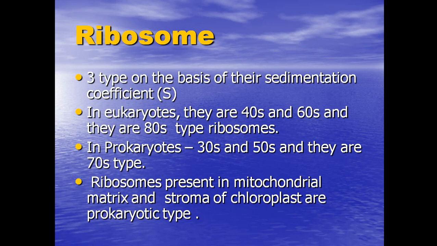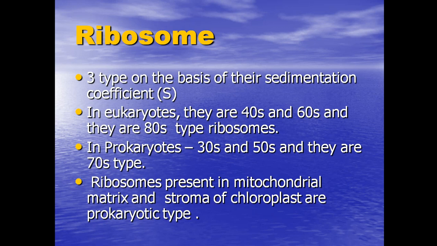Now I know many of you have confusion. When there is one unit of 40S and another unit of 60S in eukaryotes, how can it be 80S? It should be 100S. See, 40S and 60S are Svedberg units. That is the sedimentation coefficient.